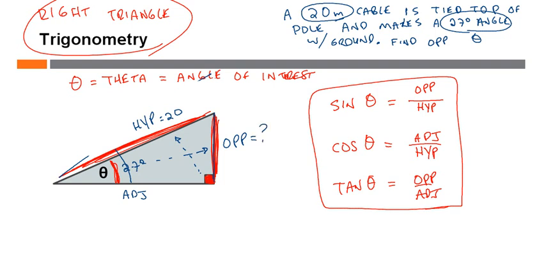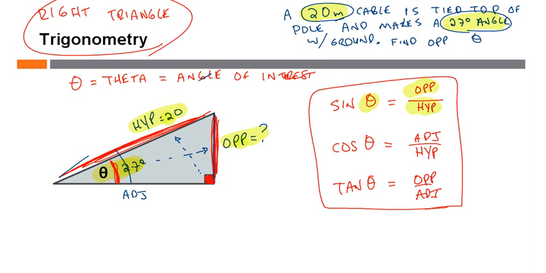And what you've got to do is read the problem, find the numbers, and figure out what side those correspond to. There are the three numbers that we're interested in: the theta, the hypotenuse, and the opposite. And I come over here and I look for a trig function that's got theta and hypotenuse and opposite. They all have theta, so don't worry about that one. Opposite and hypotenuse is sine.